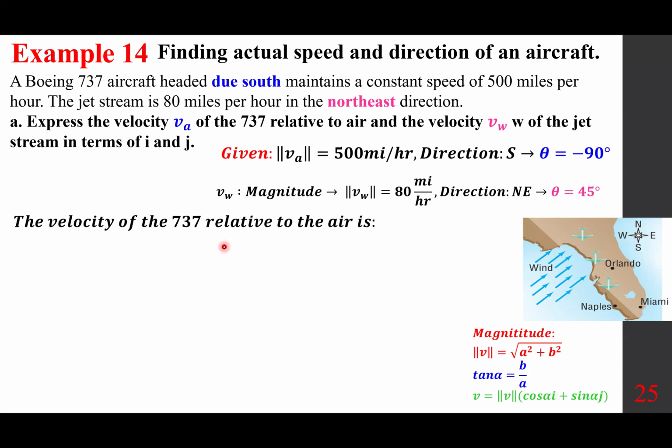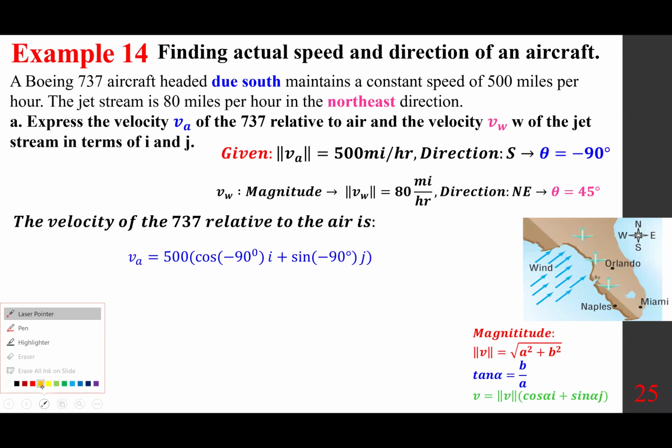So the velocity of the 737 relative to the air is, use this formula. And cosine, by the way, again, negative 90 or 270 makes no difference. This is 0, and this is negative 1. So we get minus 500 j. We do the same thing for the wind.